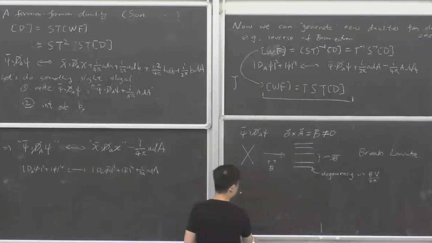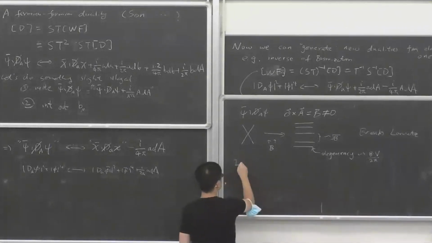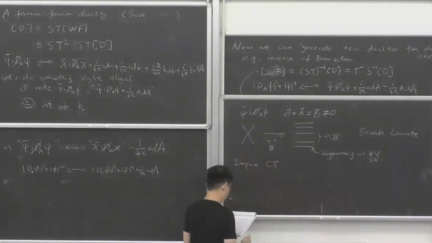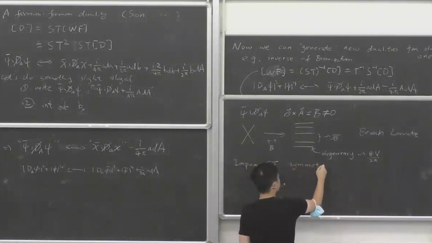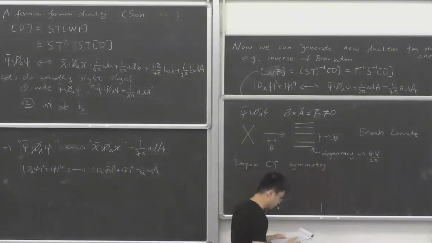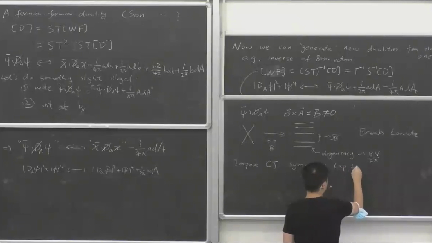Another thing I want to do is to impose the CT symmetry. It's an anti-unitary symmetry that looks like time reversal, except it also conjugates your U1 charge. Again, up to the anomaly.